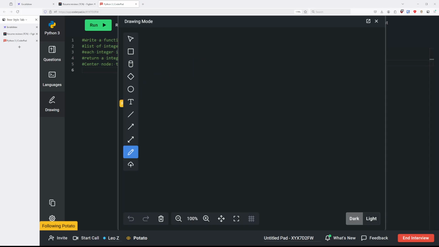The first question that I have: we have a list of edges, so would our graph be a directed graph or an undirected graph?